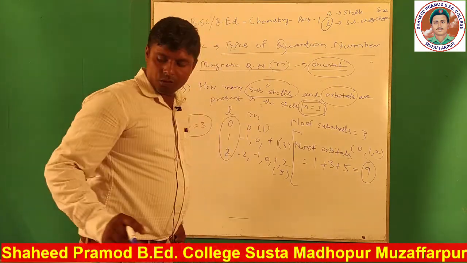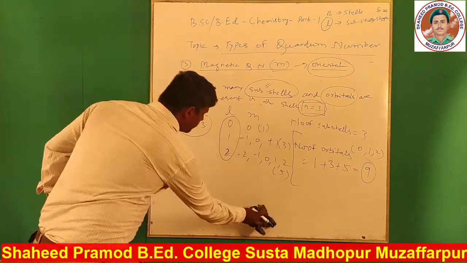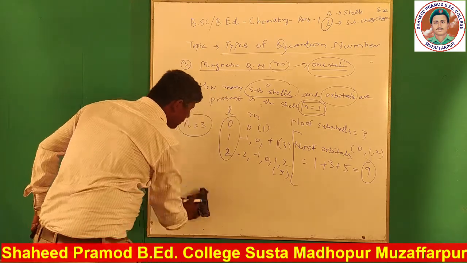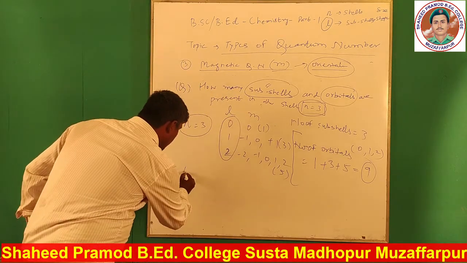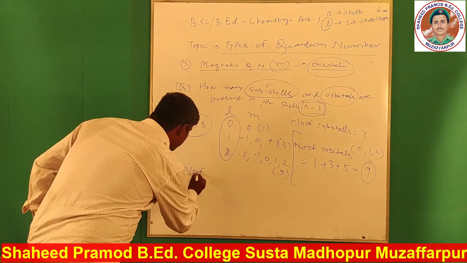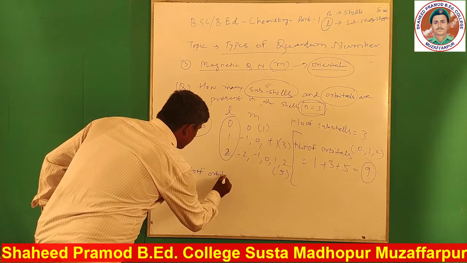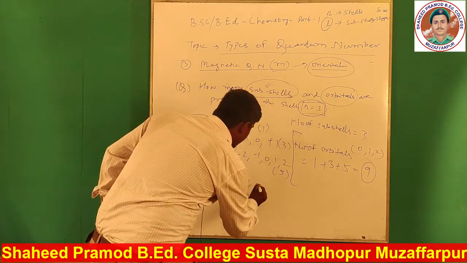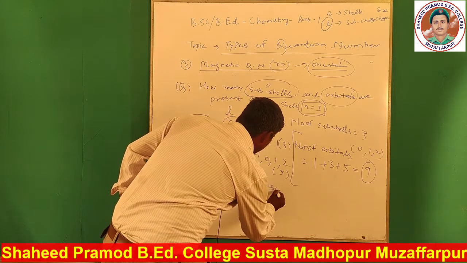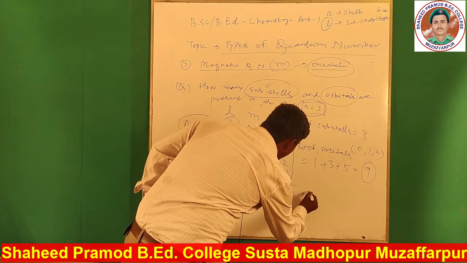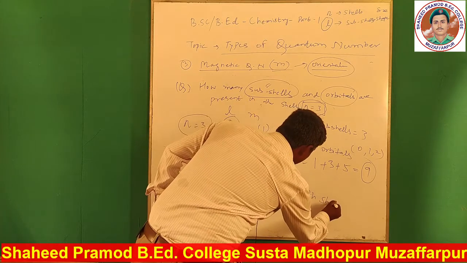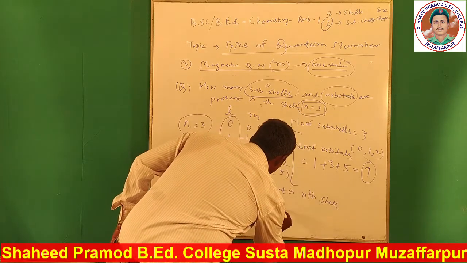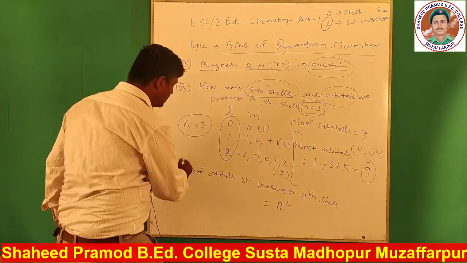So, can you write one formula? Can you make one formula? So, number of orbitals present in nth shell will be n square. So, this is the formula.